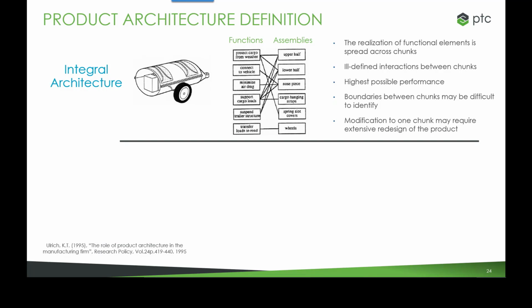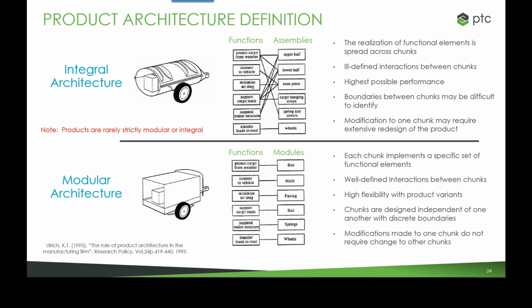It generally gives the best performance because it's designed to do the job perfectly. The boundaries might be difficult to establish though, and that means when you modify parts of the system, it will have an impact on the rest of the product. And it might be difficult to understand what impact that is. So although this might give the best performance, it's very difficult to maintain and it's not very efficient.